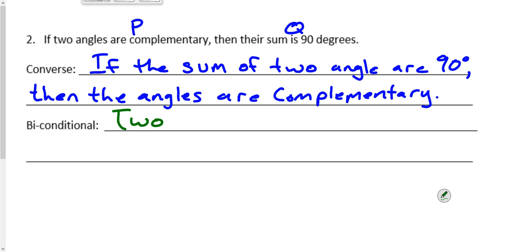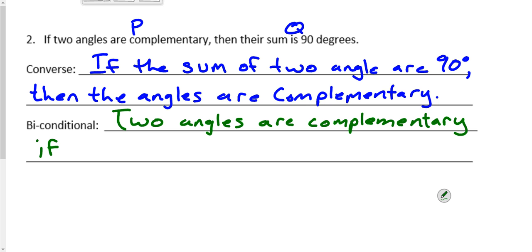So two angles are complementary if and only if their sum is 90 degrees.